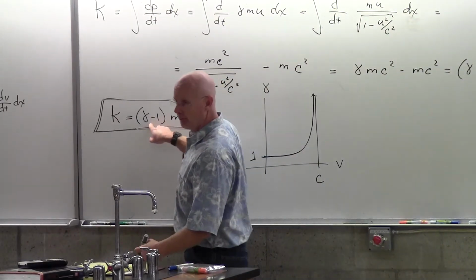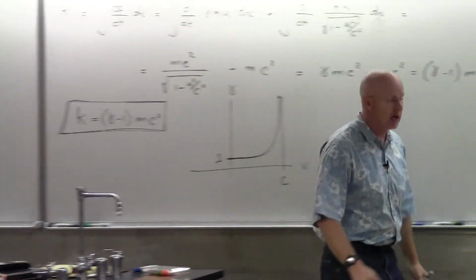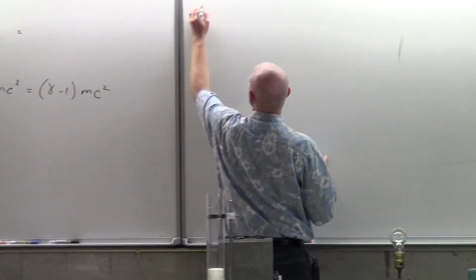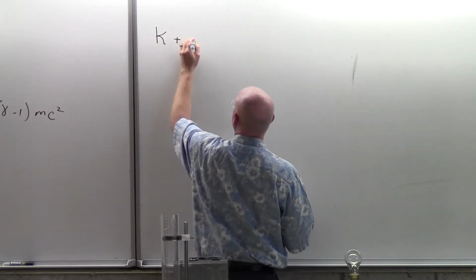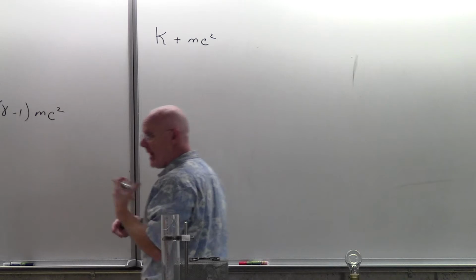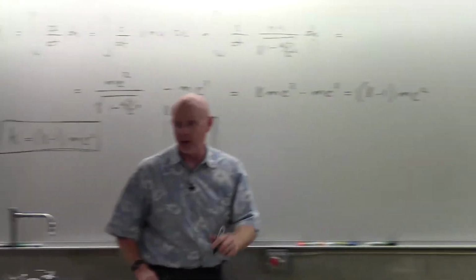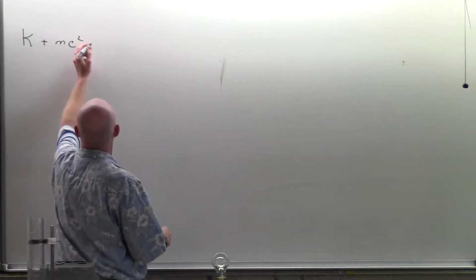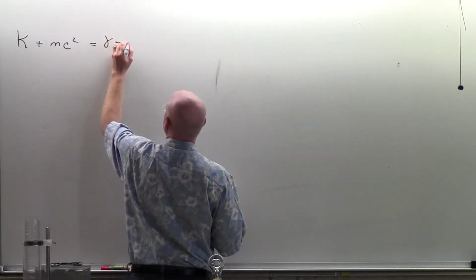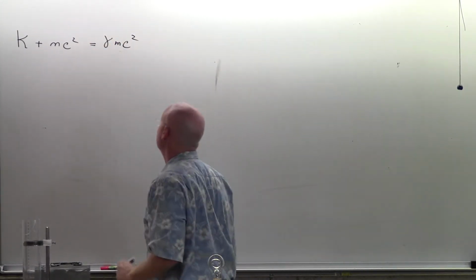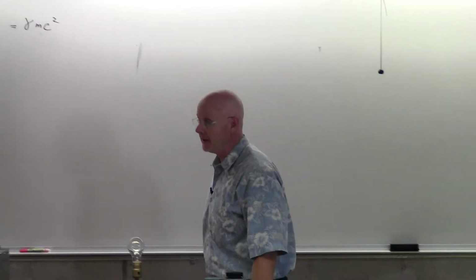Let's do the distributive property and put the negative on the other side. So here is kinetic energy. Take that negative mc squared over here and put it on that side of the equation. And on the other side of the equation, let's put the gamma.